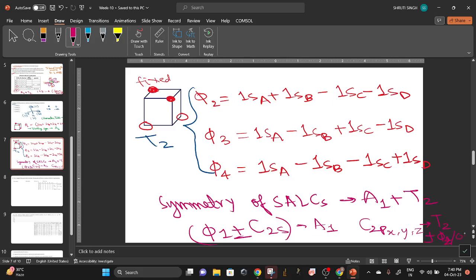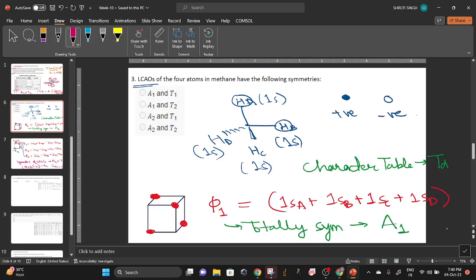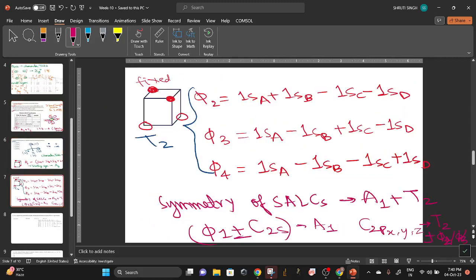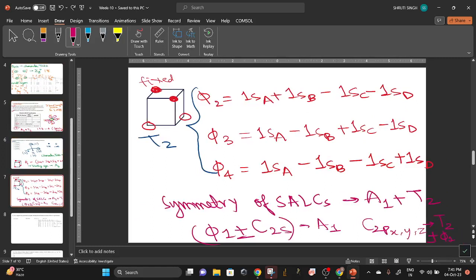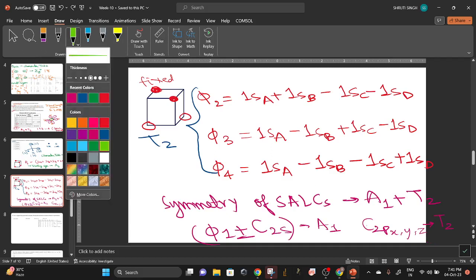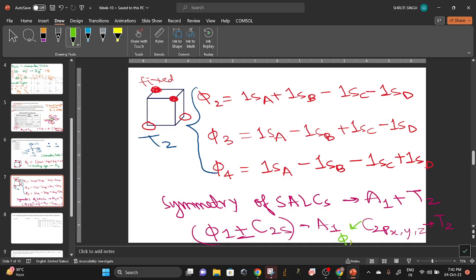So psi 1 and 2s will overlap plus and minus, and here 2px, 2py, 2pz will have linear combination with psi 2, psi 3 and psi 4. Linear combination means both plus and minus combination. So it will generate a total of 2 from here, and from here 3 into 2, 6.